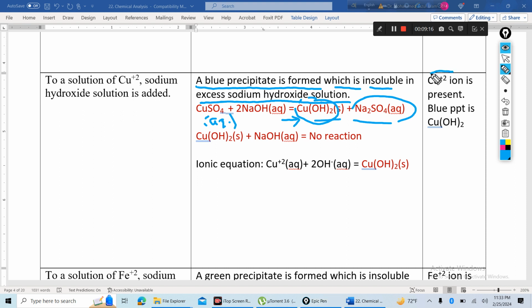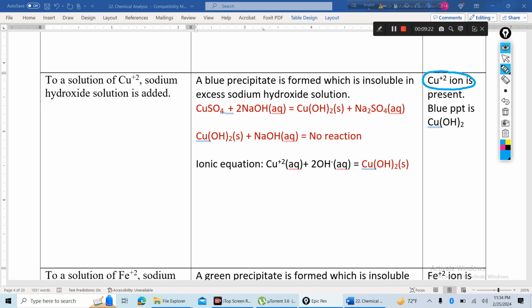Here the result: Cu2+ ion is present, and the blue precipitate. The formula of the blue precipitate is Cu(OH)2, copper 2 hydroxide.